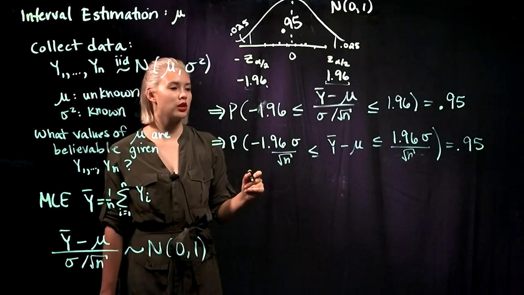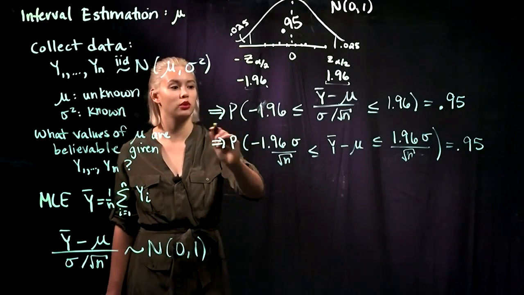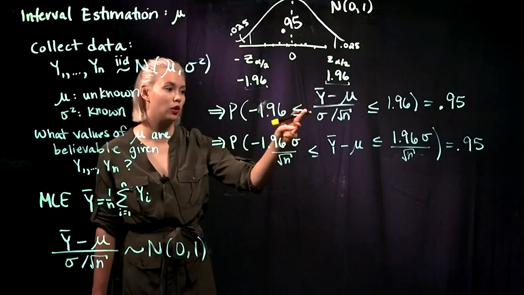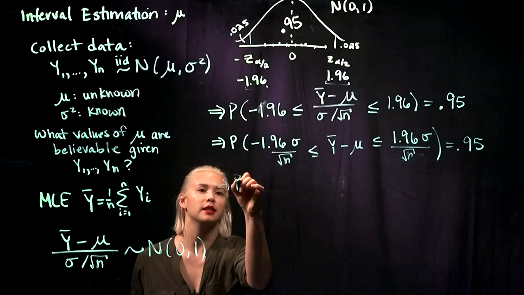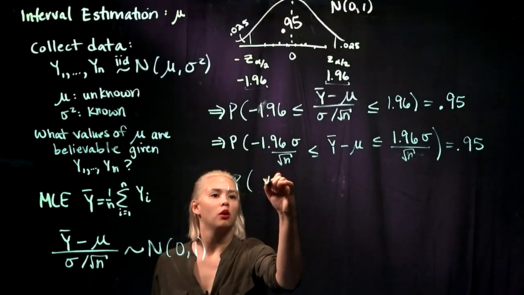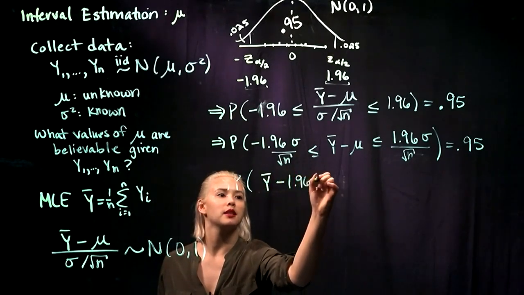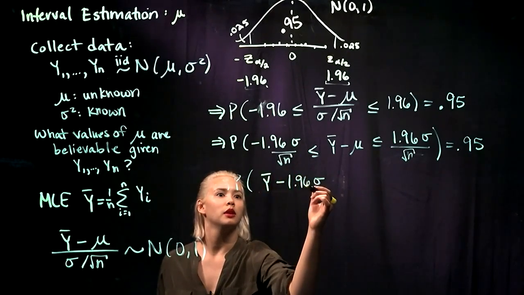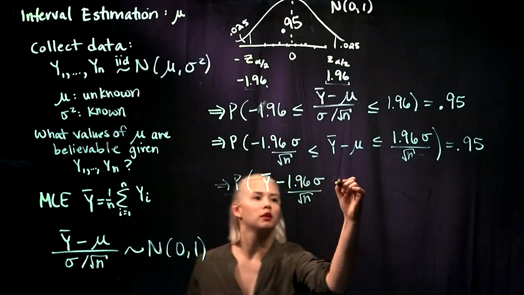Okay, so we're trying to get mu all by itself, so that we can create an interval around mu. That means our probability is going to become y bar minus 1.96 sigma over root n.